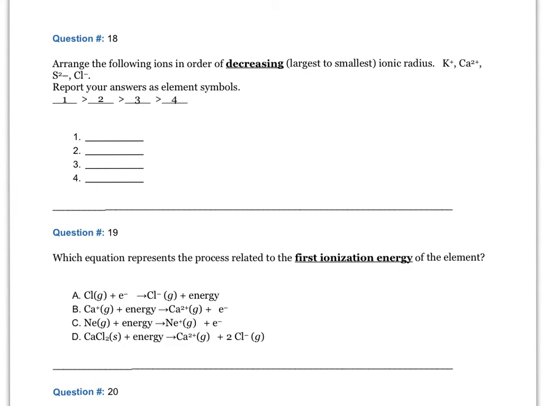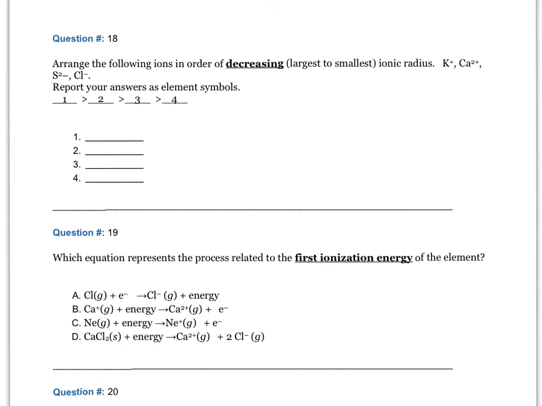Arrange the following ions in order of decreasing, largest to smallest, ionic radius. Potassium cation, calcium cation, sulfide anion, chloride anion. Report your answers as element symbols.